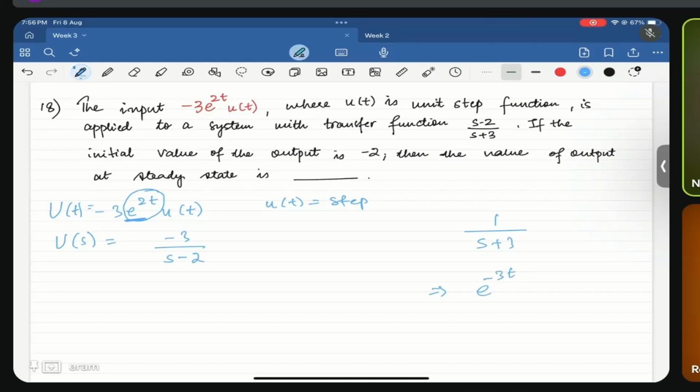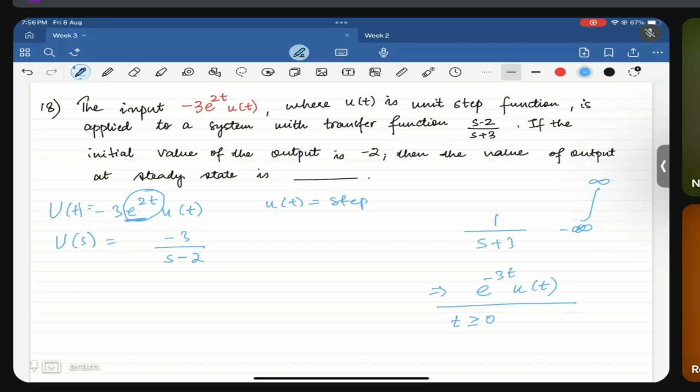Yes, ma'am. There is u(t) also everywhere, because we are only saying this for t greater than or equal to 0, because we are doing Laplace from 0 to infinity, not from minus infinity to infinity.